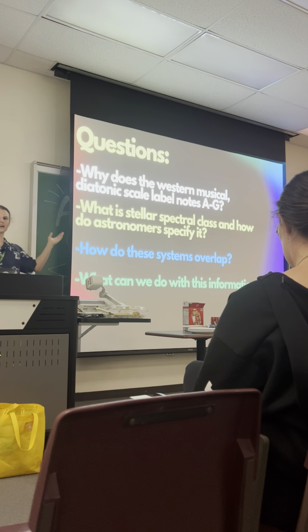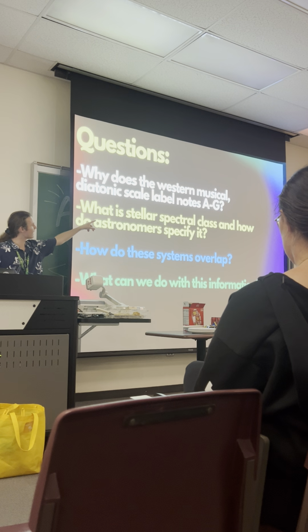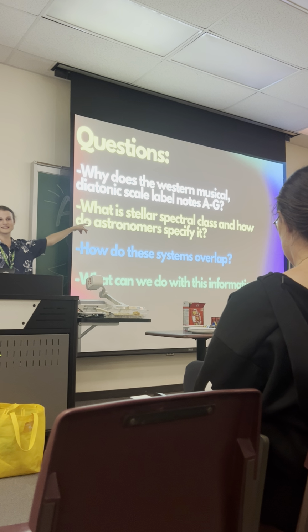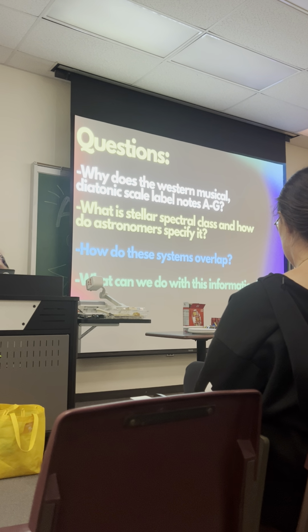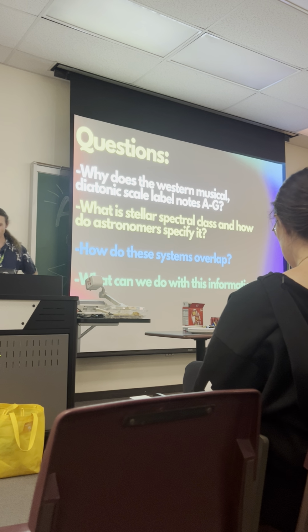But it all actually comes from what sounds nice to certain people, and it's different for different people. I say Western musical diatonic scales because in different places around the world there are completely different systems, and it's very specific to what we do. What's interesting, and we'll get into it later, is that the spectral class seems to be more general. I don't know if other countries have different systems for that.